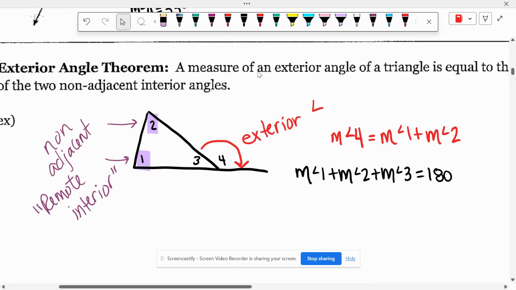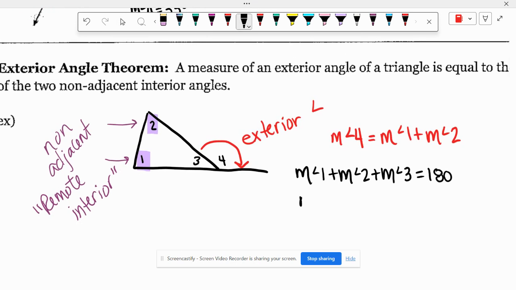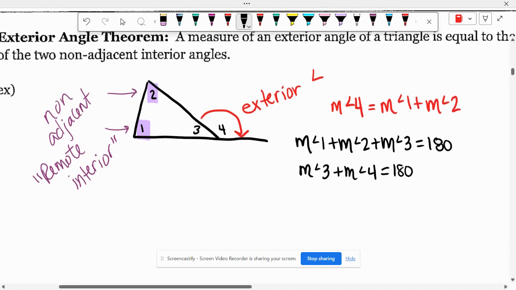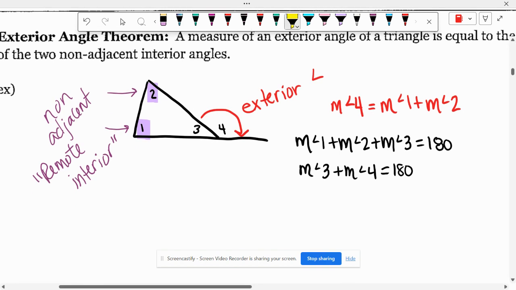But I also know that in a linear pair, the measure of angle 3 plus the measure of angle 4 equals 180. And back in my Math 1 days, I learned how to use substitution, right? If this whole thing equals 180 and this whole thing equals 180, then those two things equal each other.